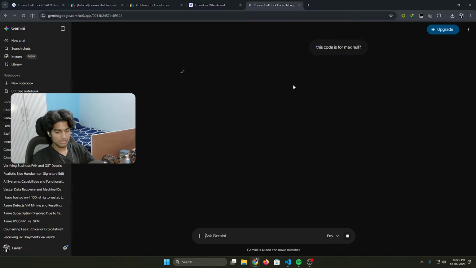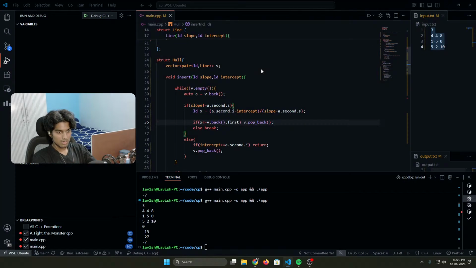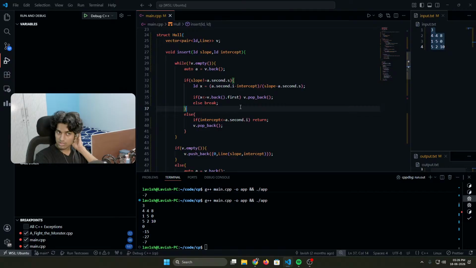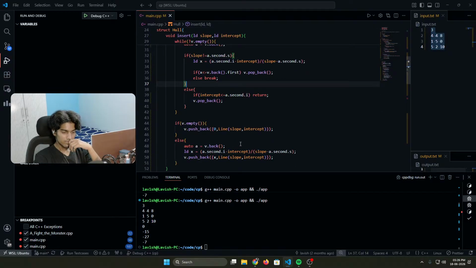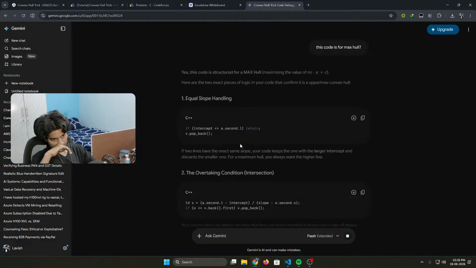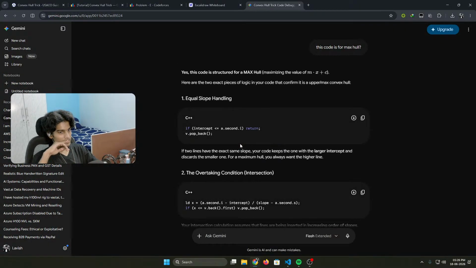This is for max server. Minimizing the value.